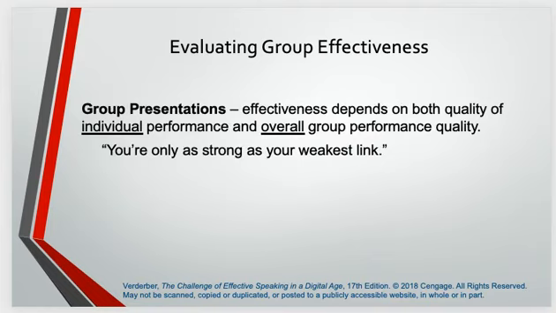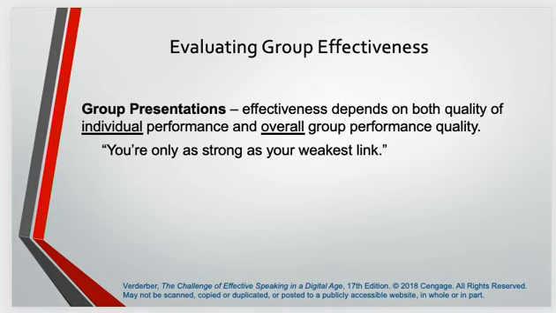Group presentations. So effectiveness depends on both quality of individual performance and the overall group performance. So there is a saying in the manufacturing industry, you're only as strong as your weakest link.